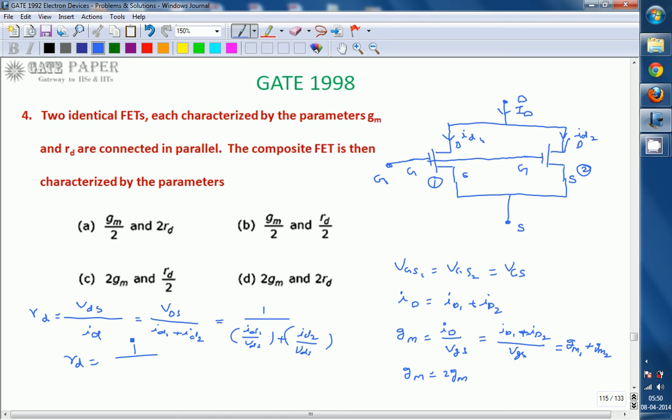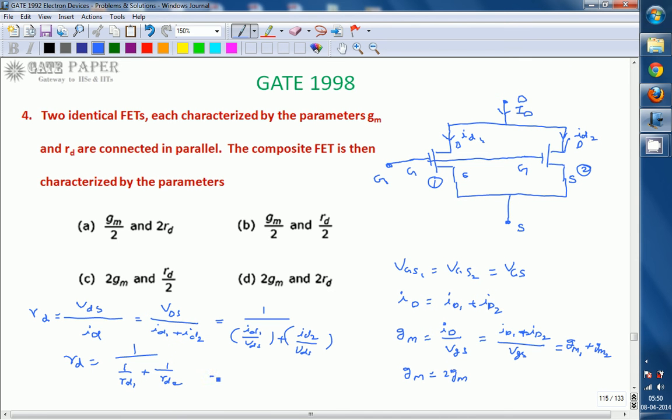Normally RD1 is drain voltage by drain current, and here the equation we get is ID1 by VDS, where ID1 is the current flowing through the drain of the first transistor. So you can write this as 1 by RD1 plus 1 by RD2.